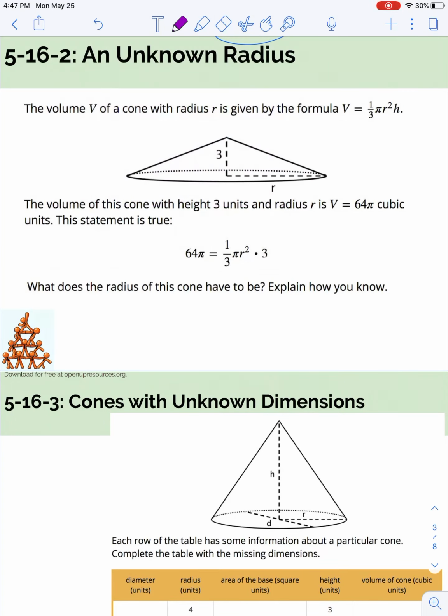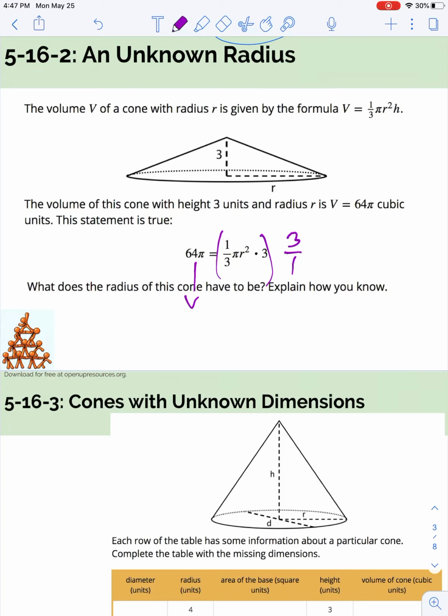It's the easiest place to start. Times 3. So you can do it a couple different ways. We could just kind of start to piece out the whole thing. Like to get rid of the fraction, multiply by 3 over 1, right? So then you end up with 64 pi. Oh wait, sorry. We got to do the same thing to that side.